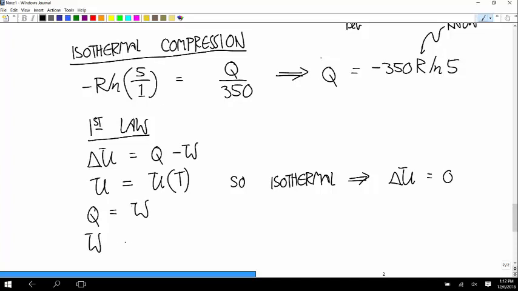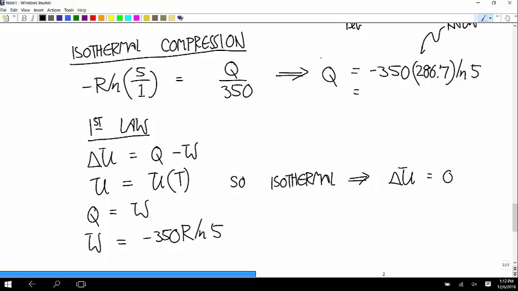So our work is also negative 350 times R times the natural log of 5. Might as well plug in this R. This is for air. You just said what it was before, right? 0.287 kJ/kg·K. Oh, yeah. Okay, so negative 350 times, can you multiply that out? 286.7 times natural log of 5.